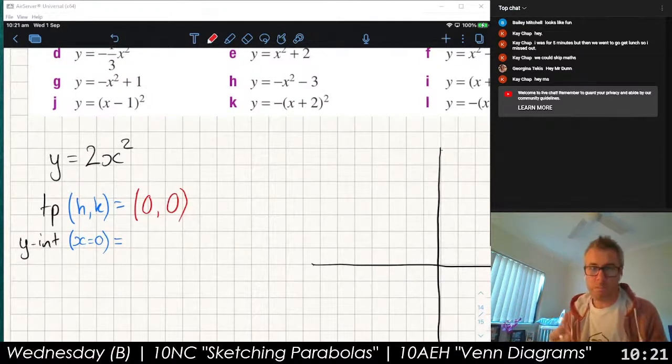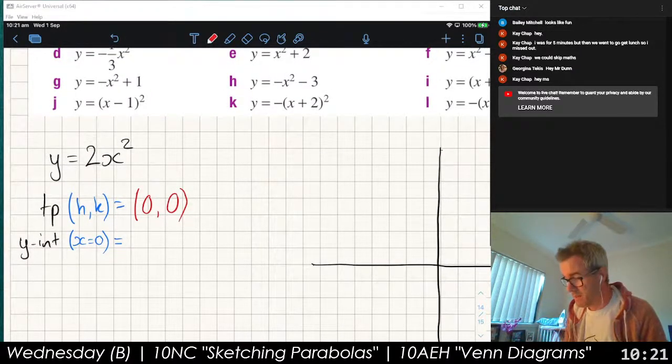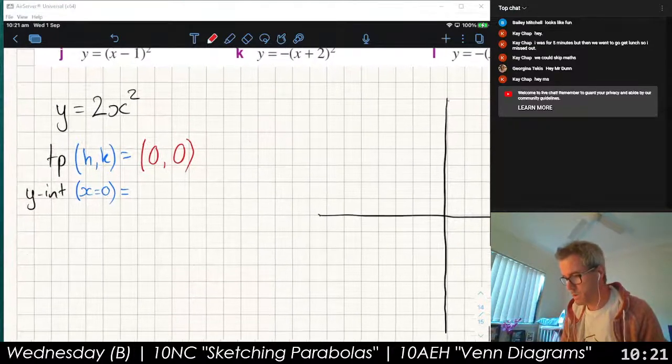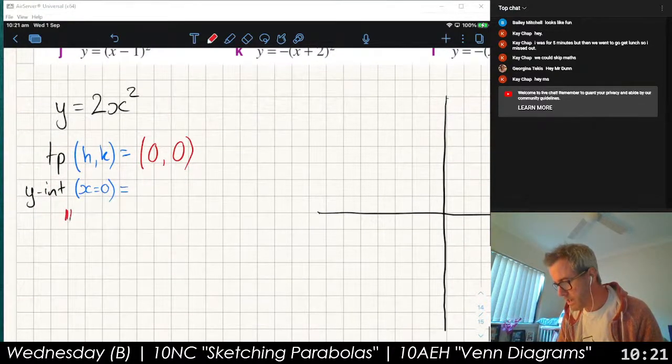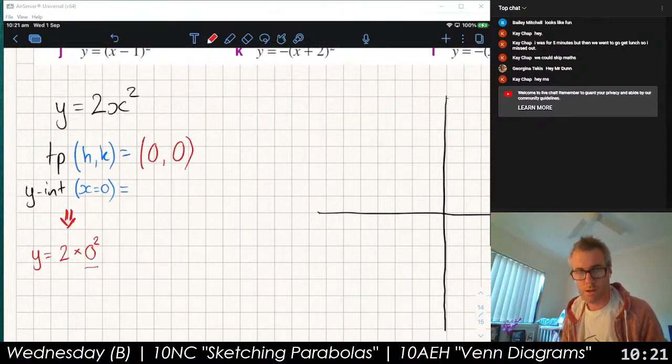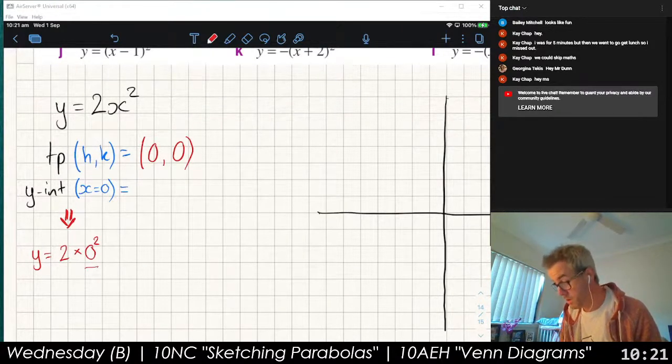Next thing, you might have to write a little bit of this out if you like. Well, actually, I'll do that as well. Now, in order to calculate my y-intercept, x is going to be equal to 0. So y is going to be 2 times 0 squared. Of course, 0 squared is 0. 0 times 2 is 0. So y is equal to 0.